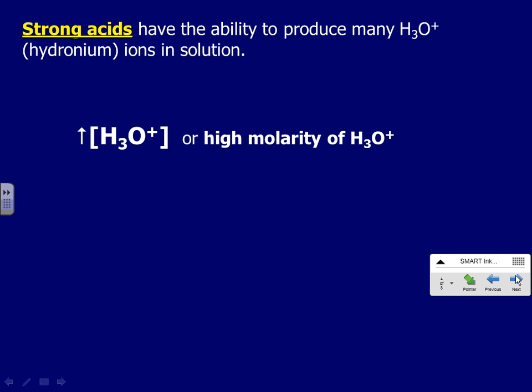So again, a strong acid is something that has a lot of H3O plus. Again, to link it to the last couple of days, the Arrhenius theory really is only concerned about the H3O plus. The Bronsted-Lowry theory explains where the H3O pluses come from. They come from the trade of the H.